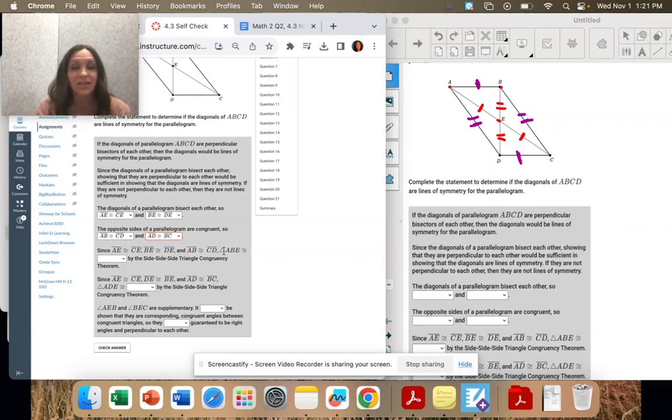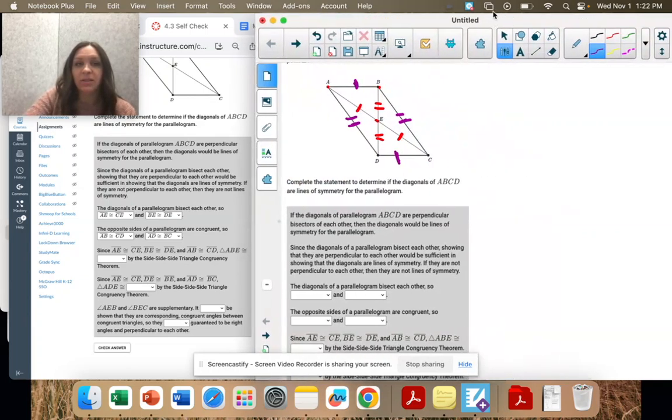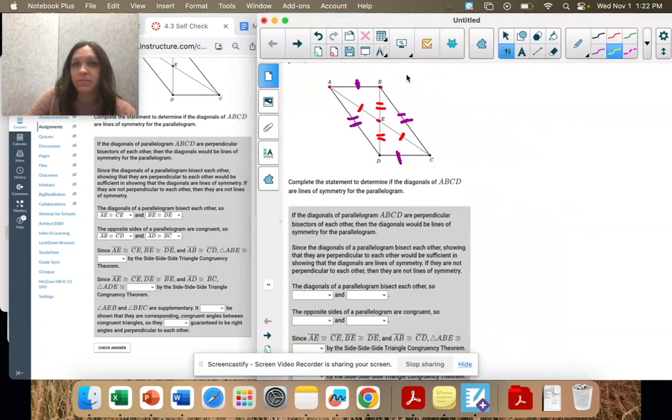And then triangle ABE. That's how we read that. So triangle ABE, let's find it. So it's saying this triangle is congruent to what triangle? Look at the sides. 2, 2. Look at my tick marks. 1, 1, the base.